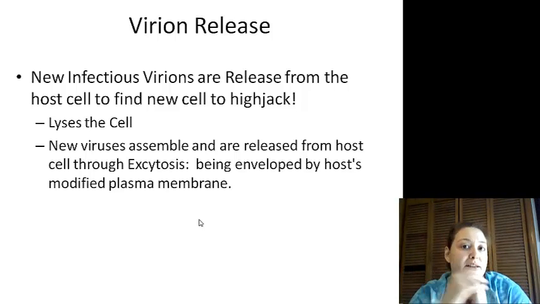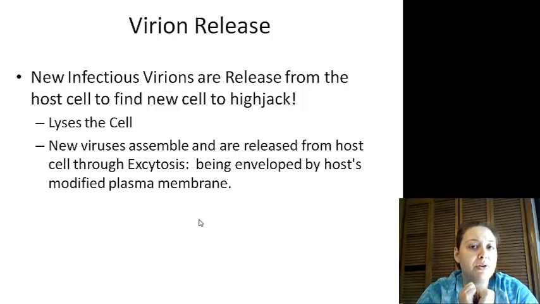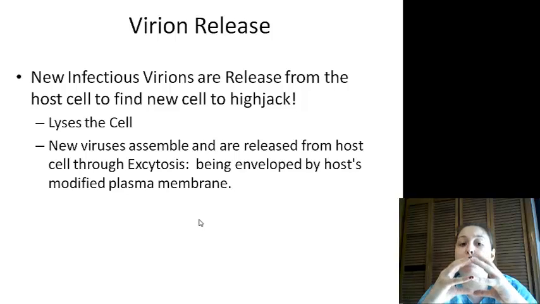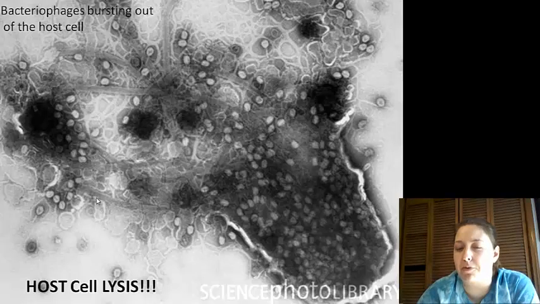We can have two ways. We can either have lysis of the cell, which means it bursts and all the virions that are on the inside are released, or we can have the cell release the viruses one at a time through exocytosis. The virus is being enveloped by the modified plasma membrane. We'll see that in one moment.